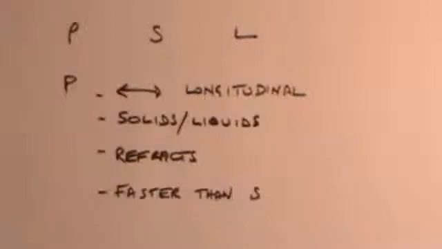First, the P waves. The P waves are longitudinal waves, so in that sense they're rather like sound. They vibrate, as it were, backwards and forwards in the direction of motion. They can travel through solids and liquids, so the key point here is they are able to travel through the liquid outer core of the Earth, as well, of course, as going through all the solid parts of the Earth.